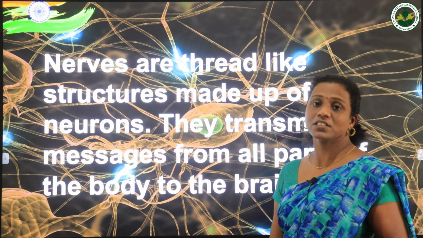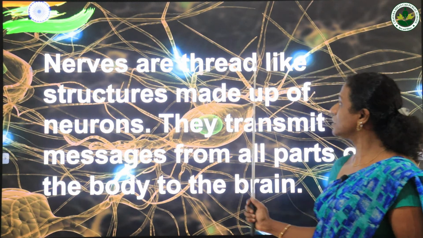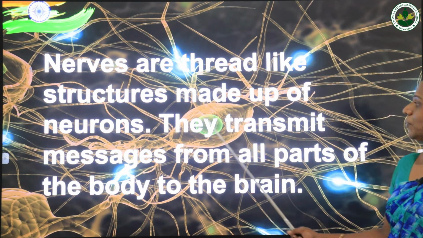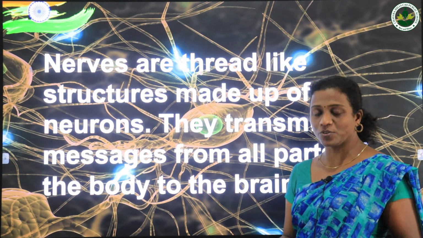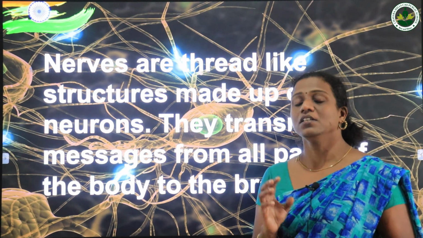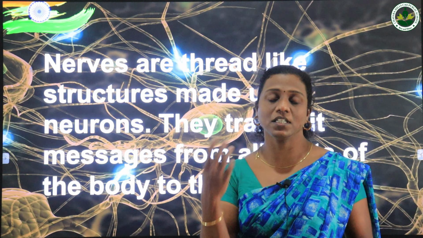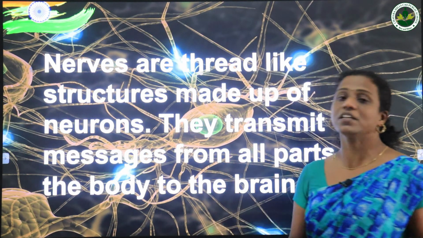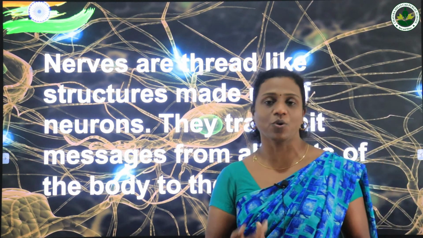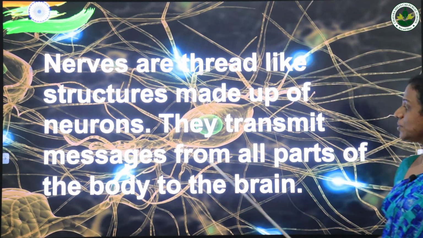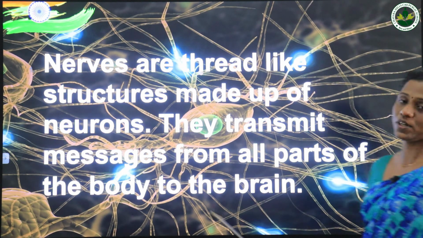So next we can check nerves. Nerves are thread-like structures made up of neurons. Neurons have the main role in sending and receiving messages. Our entire body consists of neurons, and they transmit messages from all parts of the body to the brain.